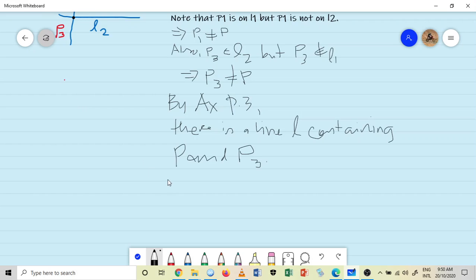But note that P is in L3 and also P3 is also in L3.